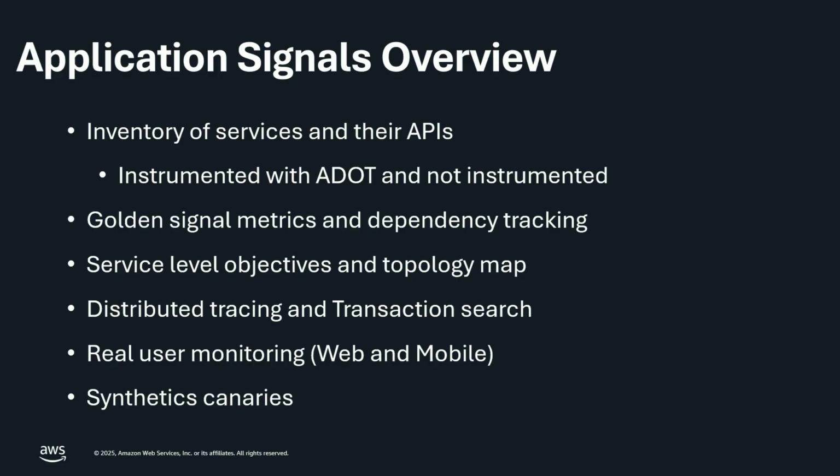But the beauty here is, you're not sending us any kind of metadata that says, okay, hey, my service A is calling service B. We will be getting all the tracing information based on distributed tracing, and then we'll figure out what your dependencies are. It's all based on open standards. We are using OpenTelemetry as the underlying mechanism. And using that, we will be showing you all the details.